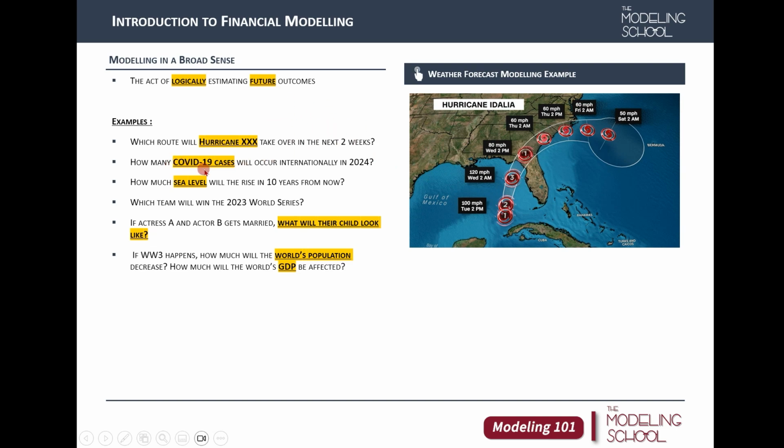Again, how many COVID-19 cases will occur internationally in 2024? Of course, we're not currently really concerned about these numbers, but think about 4 years before when COVID-19 first burst out. How would we be able to logically estimate how many COVID-19 cases there will be in the future?